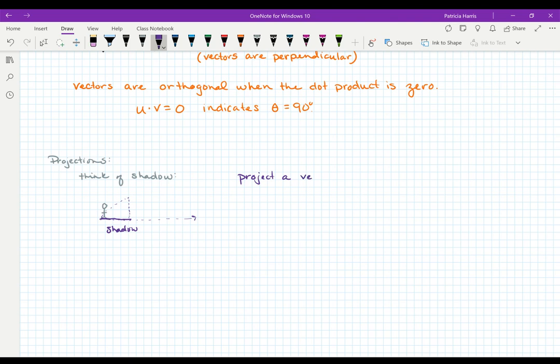a vector, we'll call it A, onto another vector, we'll call that B. Okay, we're going to get a diagram that looks like this.